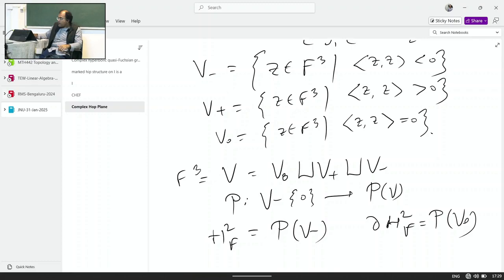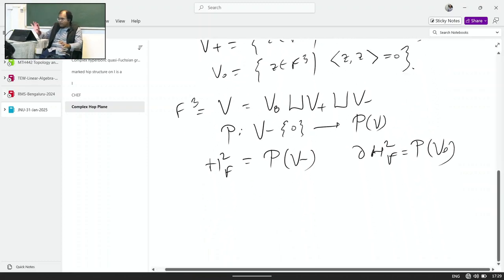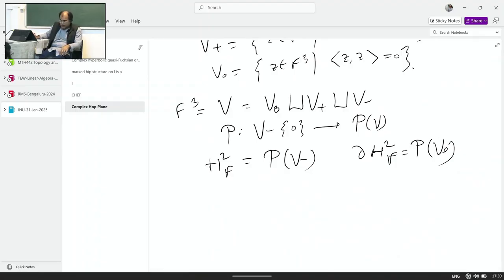Now how are you recovering the usual hyperbolic space? Let me just tell you that. What are the vectors of V? Z1, Z2, Z3, right? And when you take them in the projective space, it is well defined up to a scaling.